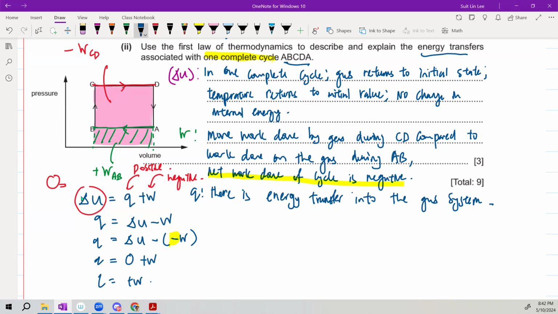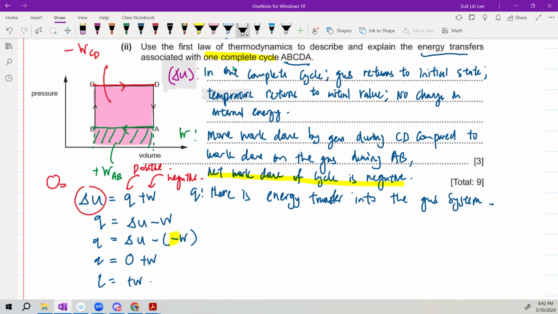So in paper 4, get ready for them to ask you to describe something that they've never asked to describe before, but be assured that you are able to do the analysis if you give yourself enough time and enough familiarity. Because normally the first law of thermodynamics question still works the same way. Look at the situation and analyze what happens to the internal energy. Internal energy is always linked to temperature.